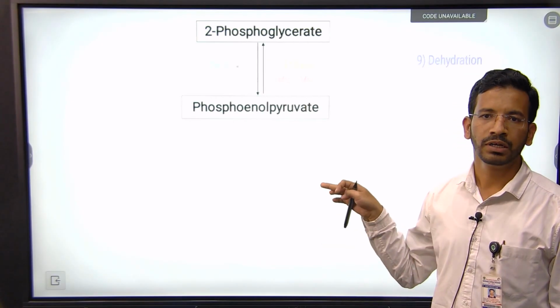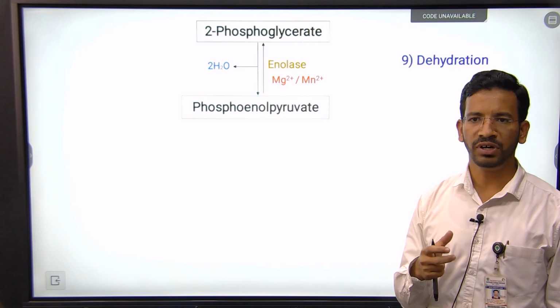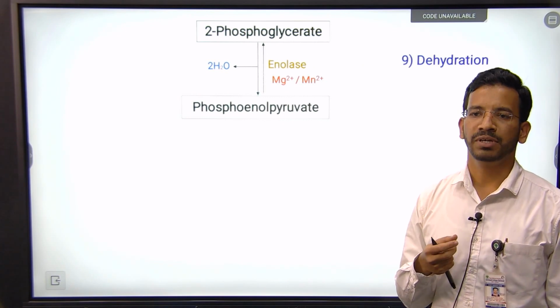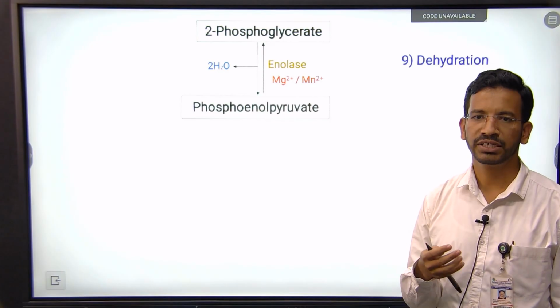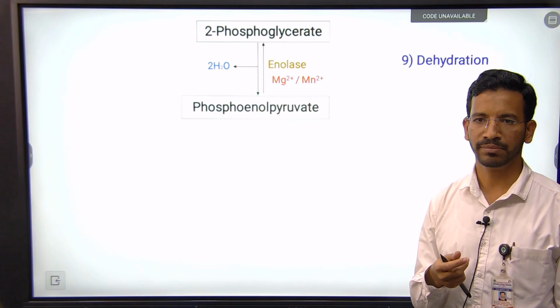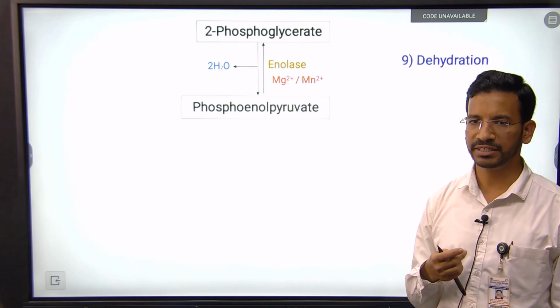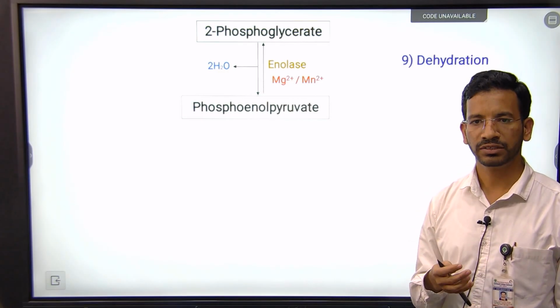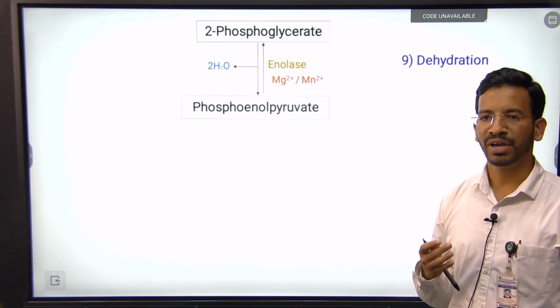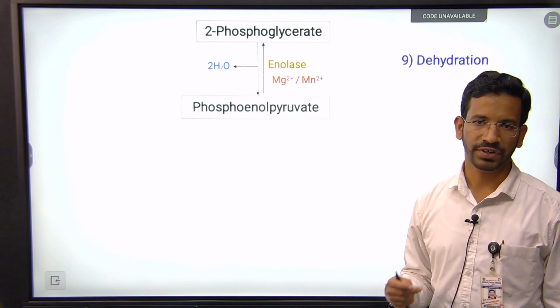This is one important step where dehydration is taking place. This reaction is called dehydration because there is removal of a water molecule. The enzyme working in this reaction is enolase, which requires magnesium or divalent manganese ions for its activity.